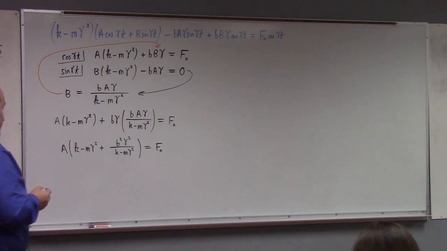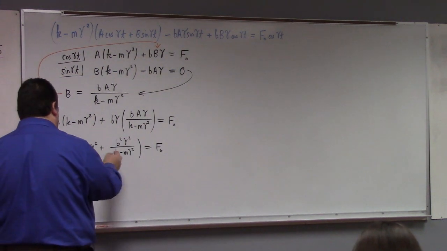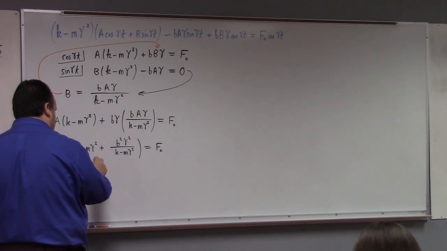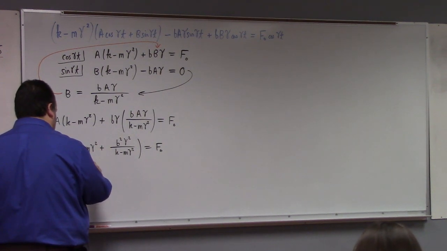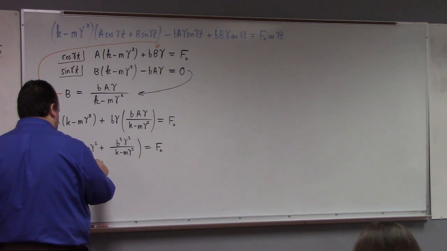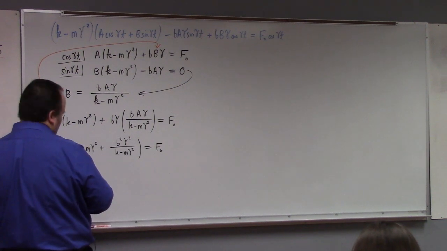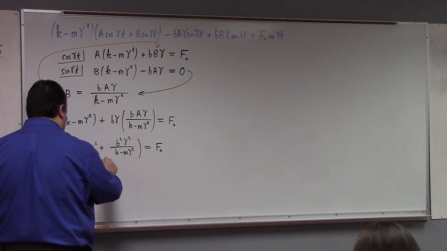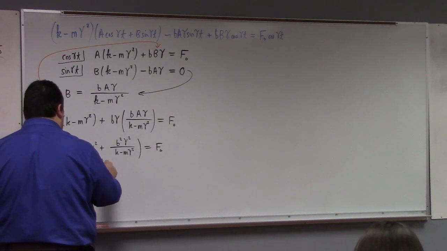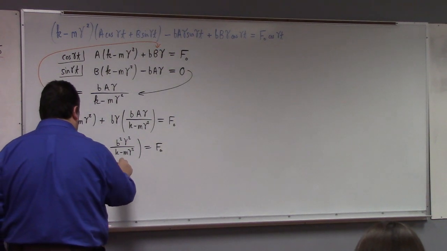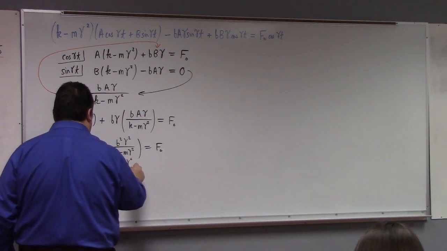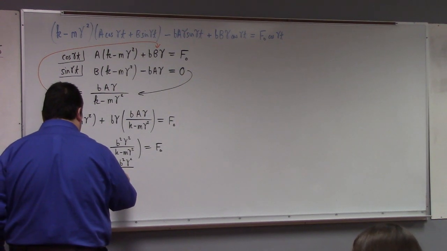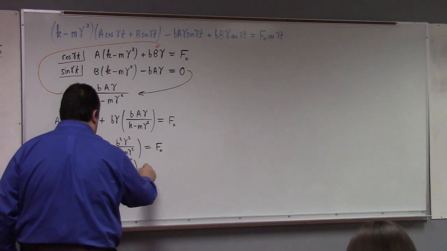And so what I have then, making a common denominator here, is A times (k minus m gamma squared) squared plus b squared gamma squared, all divided by (k minus m gamma squared), equal to f naught.